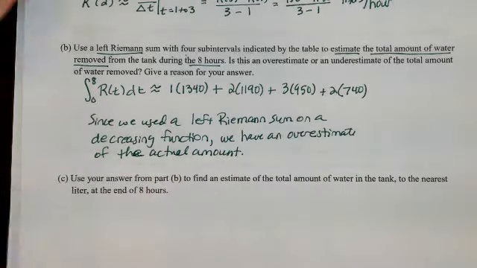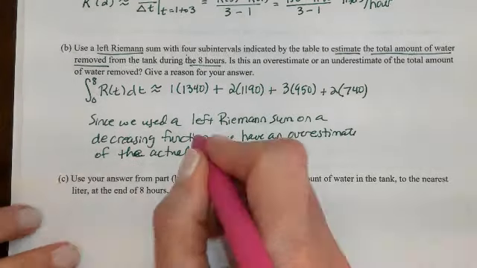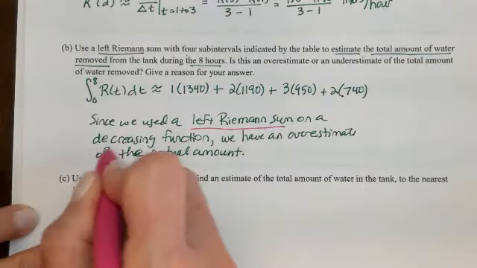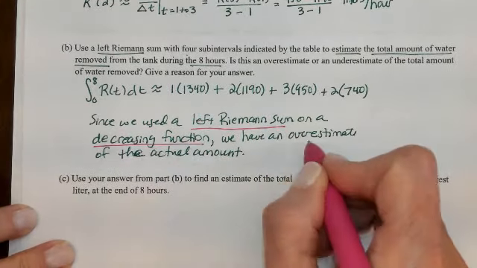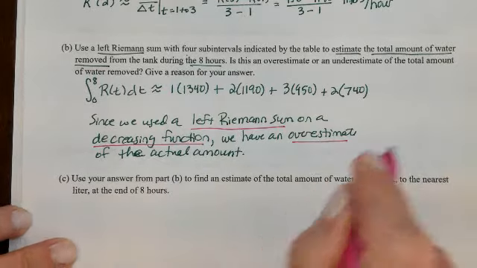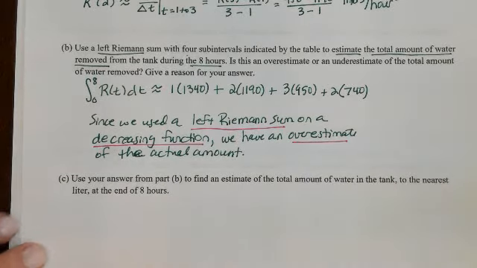And that's all we need to say. Three main things: left Riemann sum, decreasing function, overestimate. Three main things they're going to be looking for there.